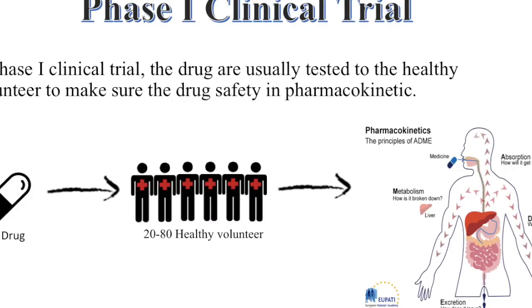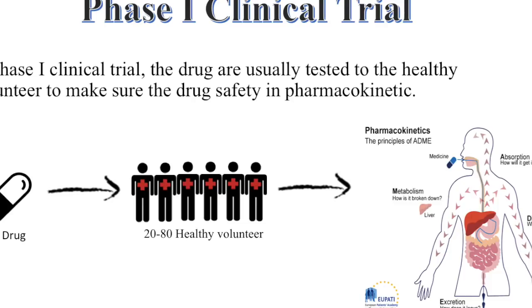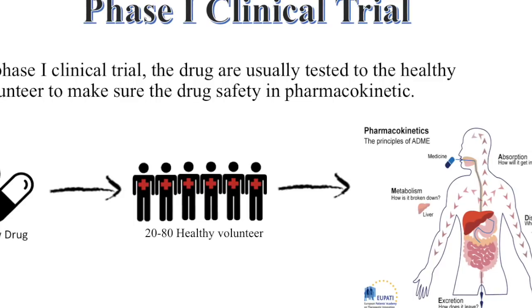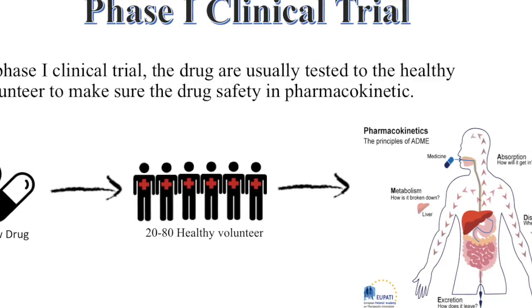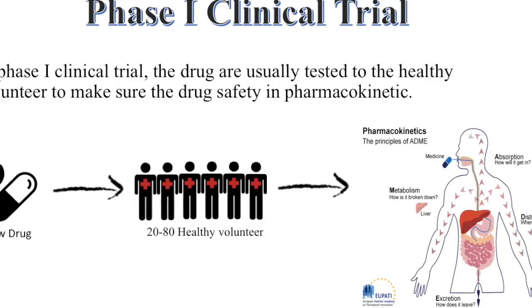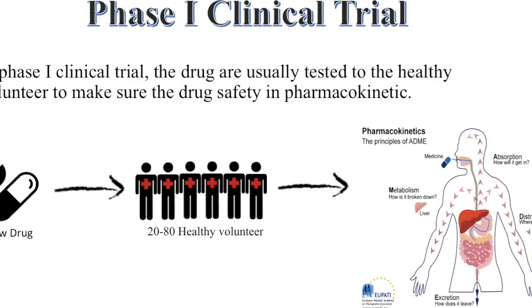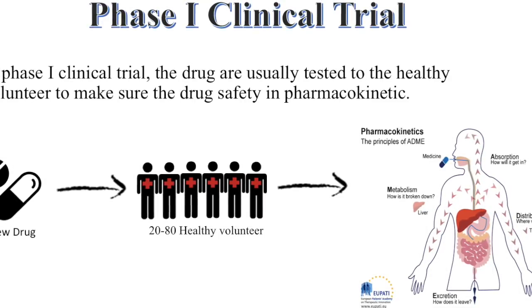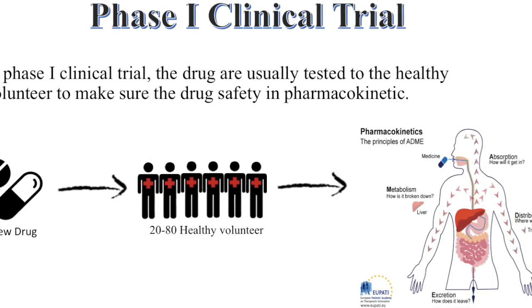Clinical trial programs consist of several phases, each of which is focused on evaluating drug safety and effectiveness or efficacy. Information on ongoing clinical trials can be found at www.clinicaltrials.gov. In phase 1 of clinical trials, the drug is usually tested in healthy volunteers to determine its safety and pharmacokinetics.